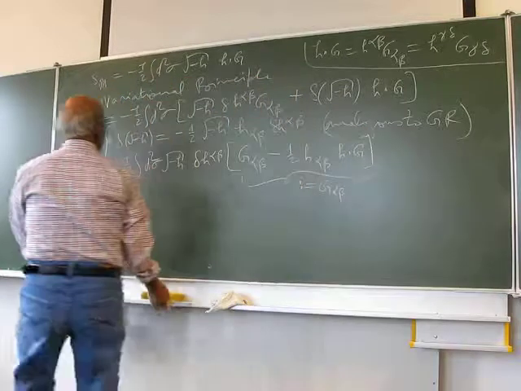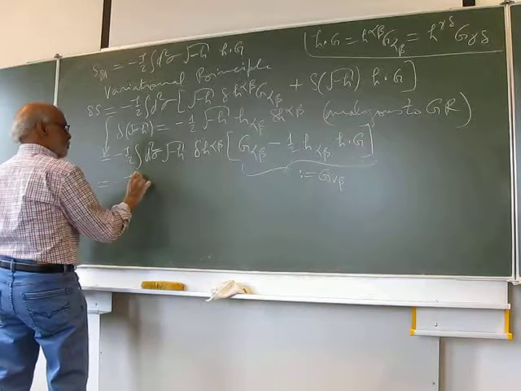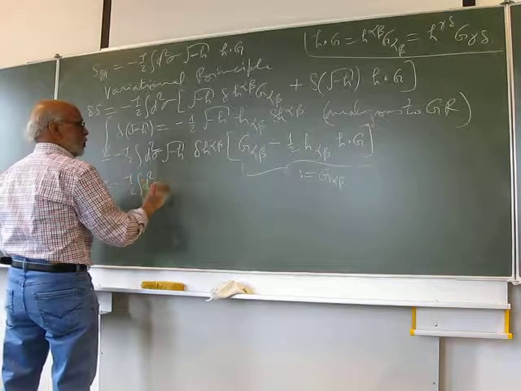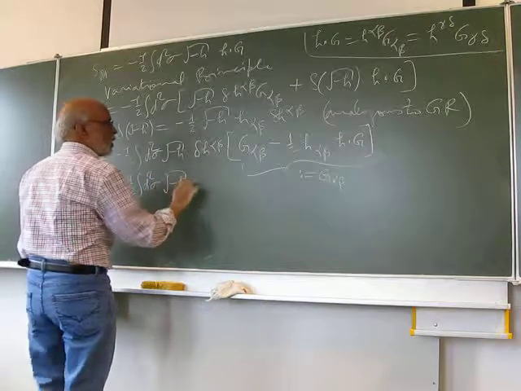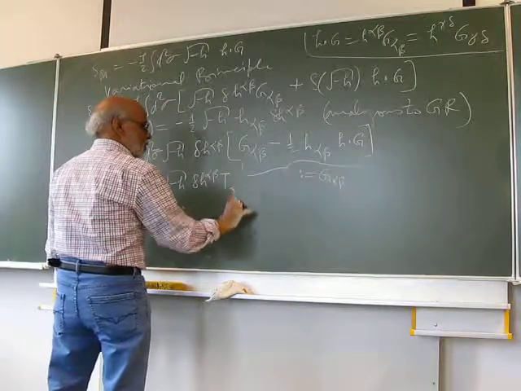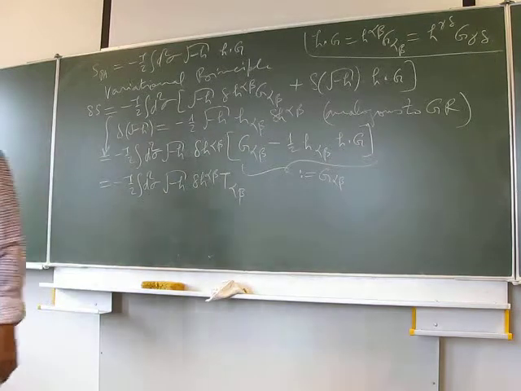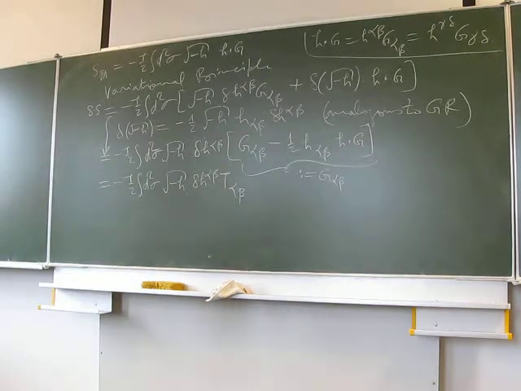And then what you have is d2 sigma T alpha beta, where T alpha beta is your, okay, so you define this to be T alpha beta.